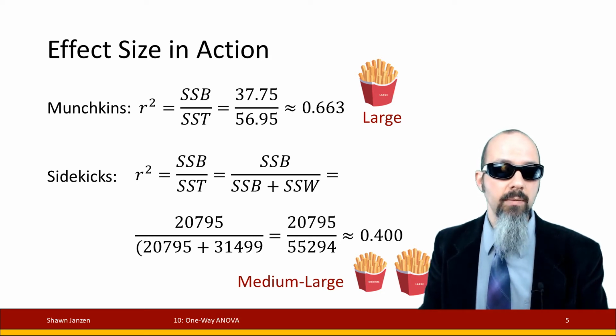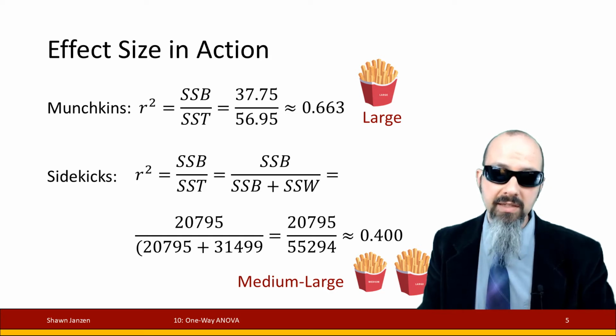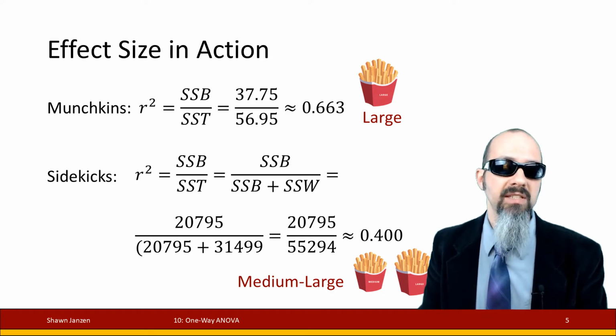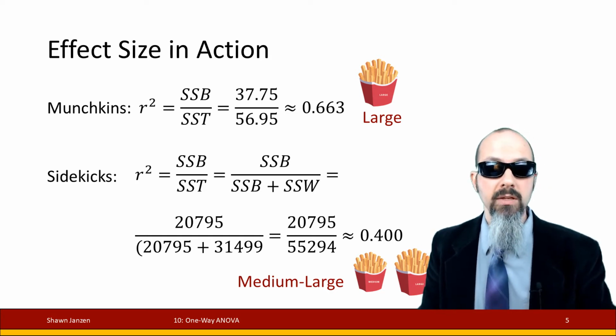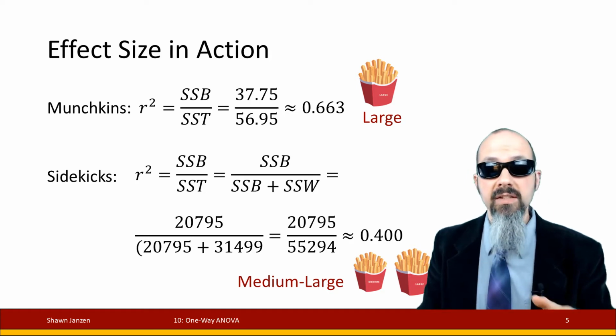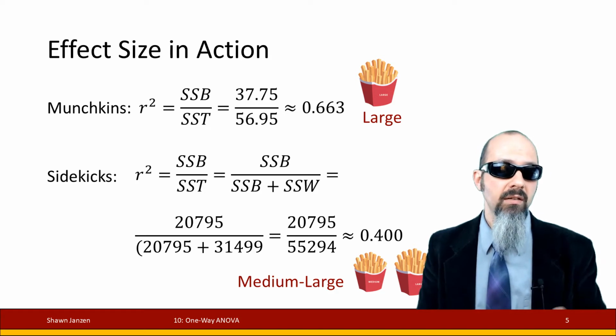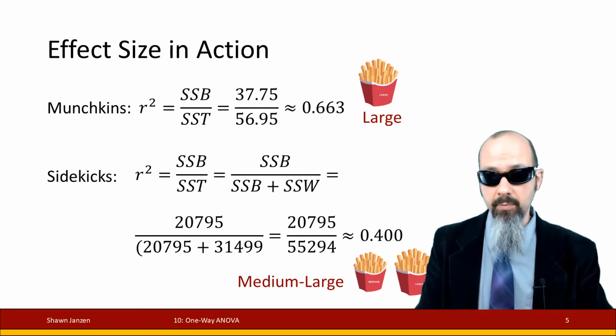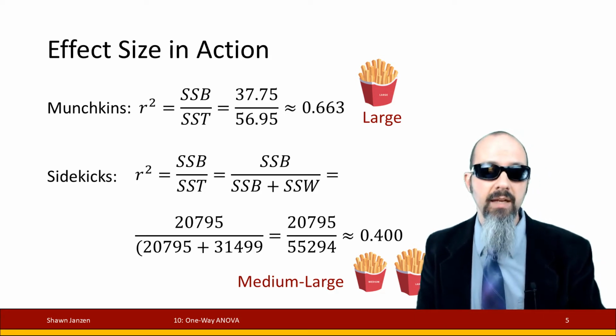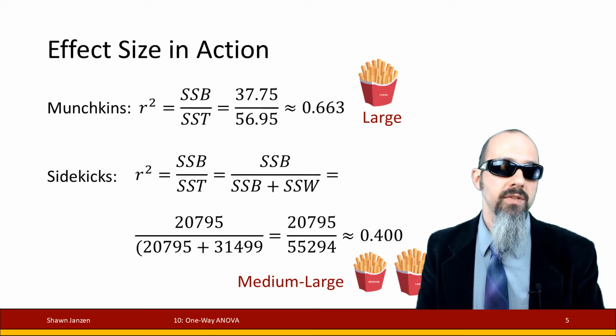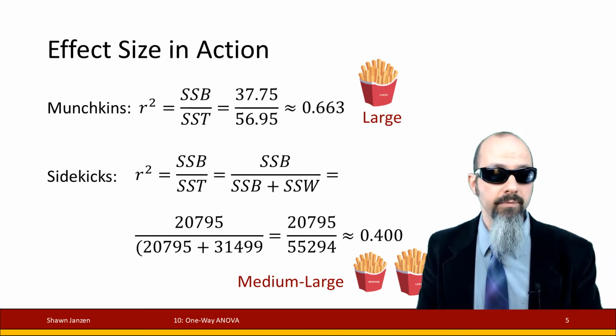I divide those and I get an R-squared of 0.663, or approximately 66.3%. Using our French fry size scale, that is a large effect. We are able to explain about 66% of the variation in the number of witch complaints based on knowing what regions those witch complaints are coming from.